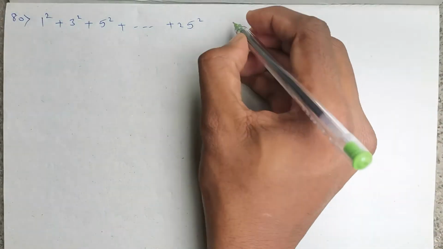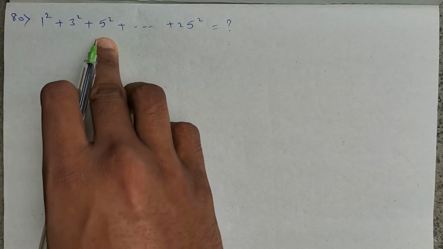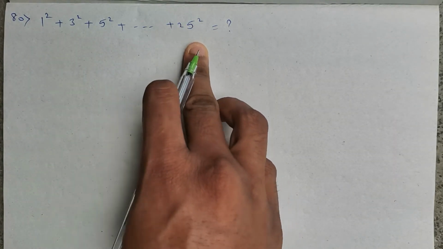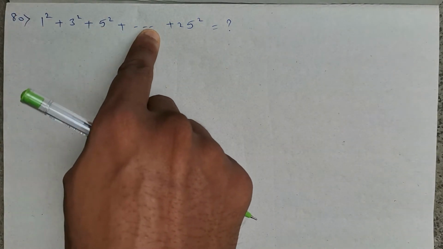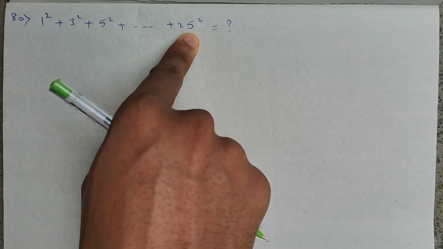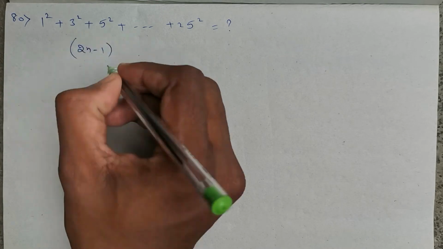Okay, the next question is, what is the value of 1 square plus 3 square plus 5 square plus 7 square till 25 square? If we observe this clearly, 1, 3, 5, 7, 9, 11, 13 till 25, these all are odd numbers. So odd numbers general form is 2n minus 1.